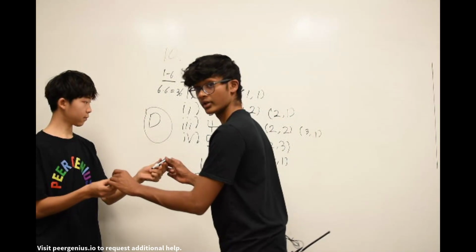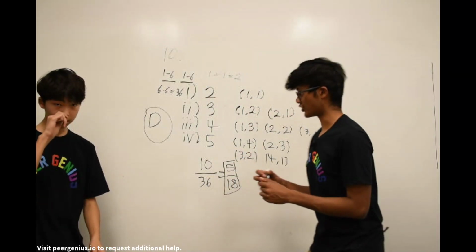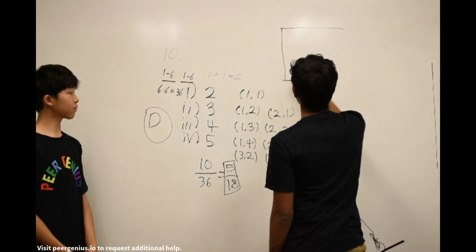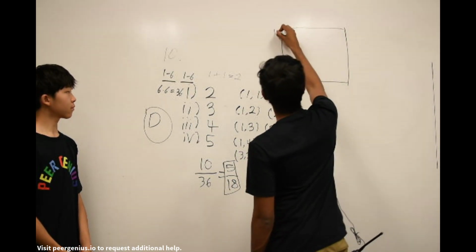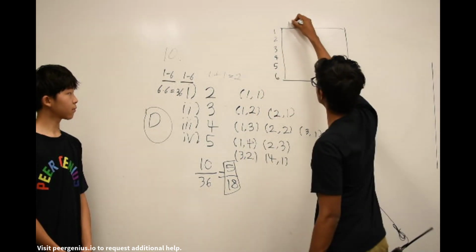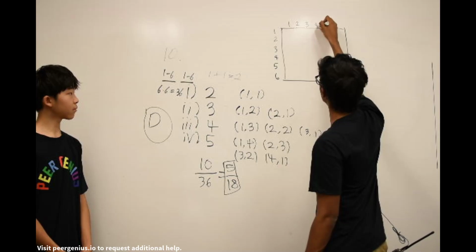Also, just for dice problems in general, if you want to look at the sums, you can draw a table, labeling 1, 2, 3, 4, 5, 6 in each direction.